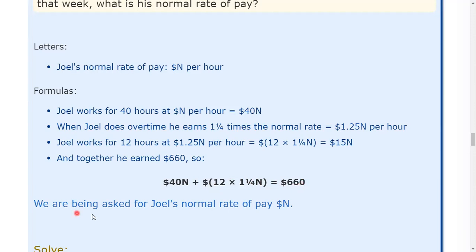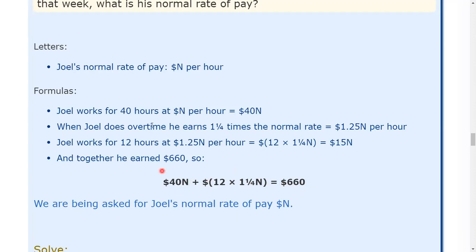So we are being asked for Joel's normal rate of pay. So that is N, because every time the N is multiplied with his timing of working, N is the per hour rate of his earning. So N is unknown. And this equation is what we can say a mathematical equation.